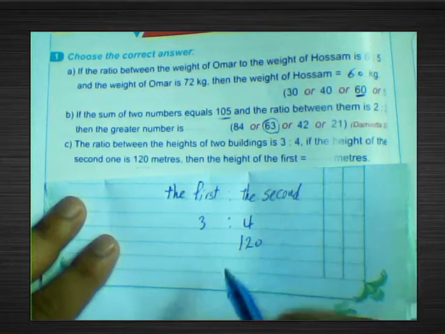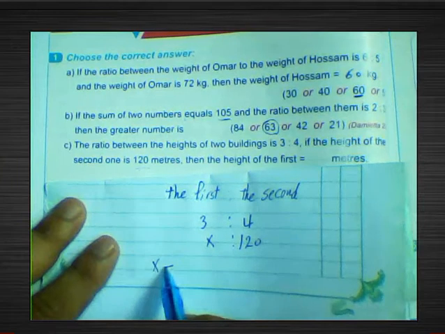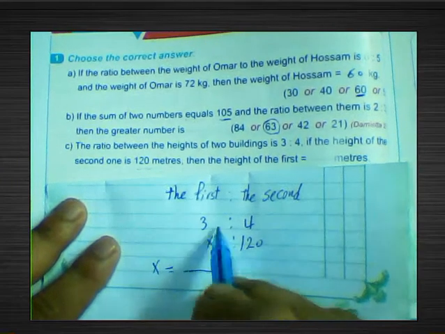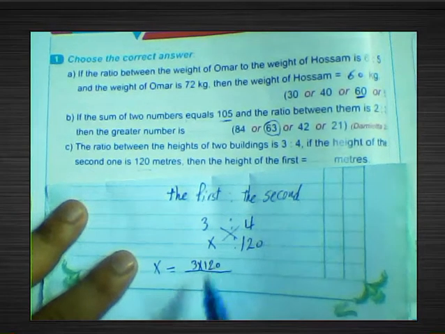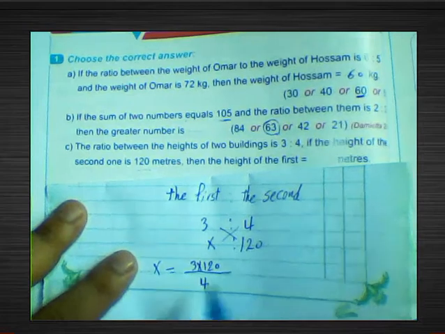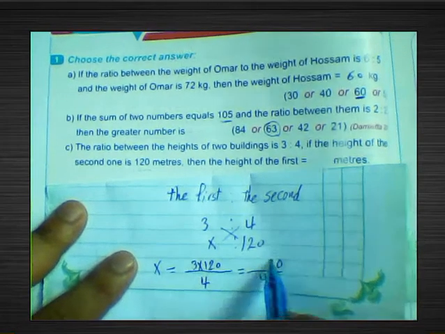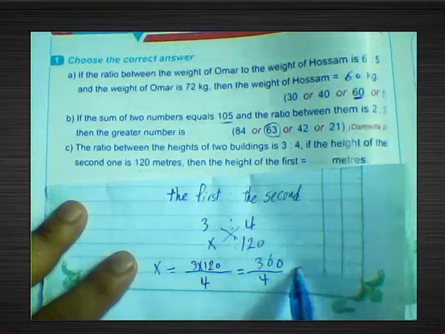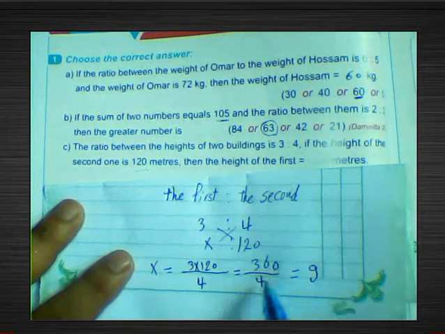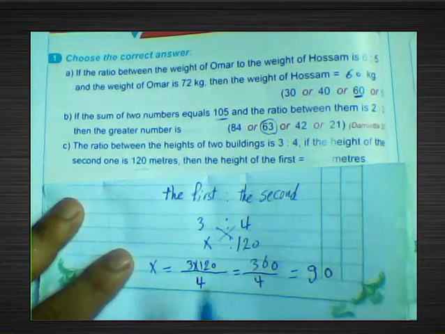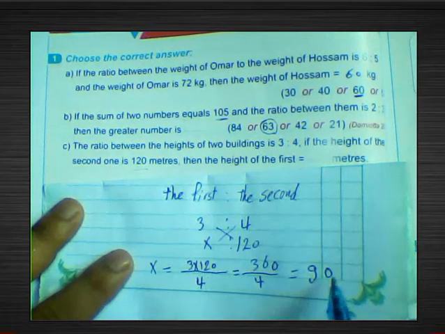We can write x here, and we will multiply 3 by 120 and divide the result by 4. 3 times 120 equals 360. 360 divided by 4 equals 90. So the height of the first equals 90 meters.